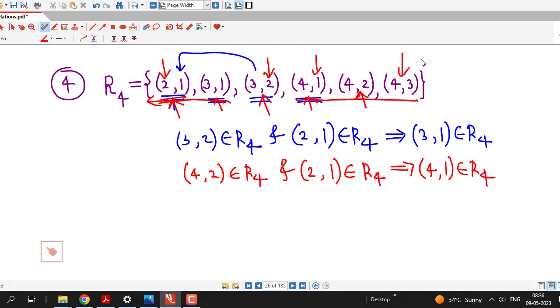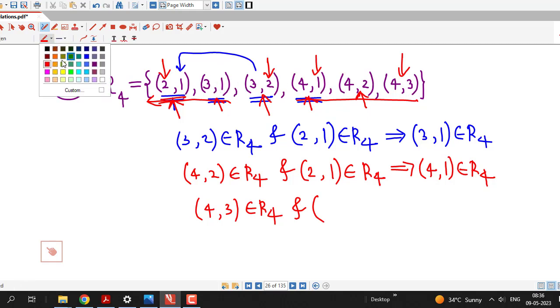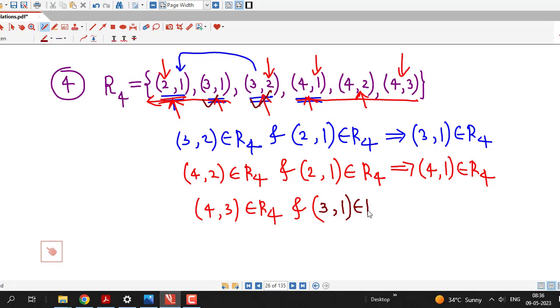Now we come here for this. (4,3) is present in R4 and I have to search for those pairs whose first component is 3. So these two pairs have their first components as 3. So I have to check for these two. (3,1) belongs to R4, this must imply (4,1) belongs to R4 and that is present here.